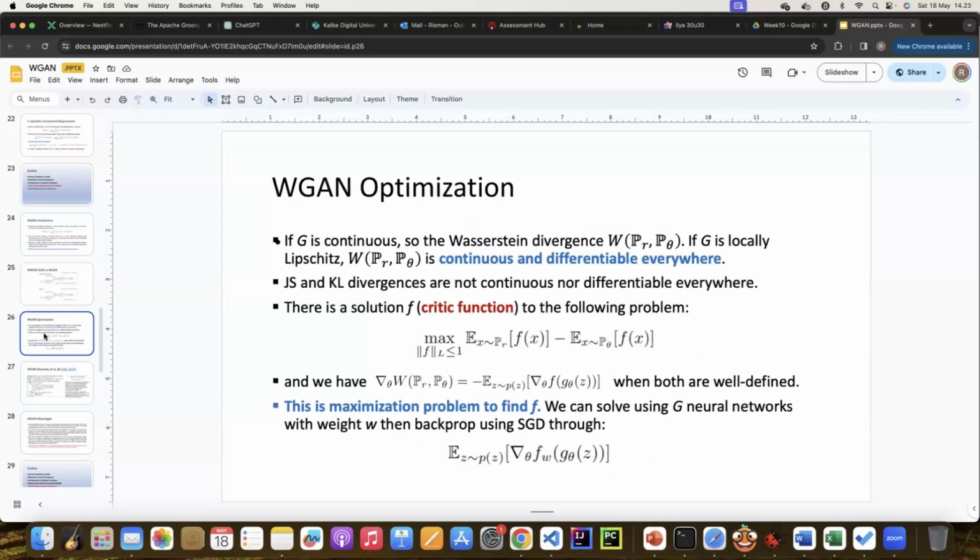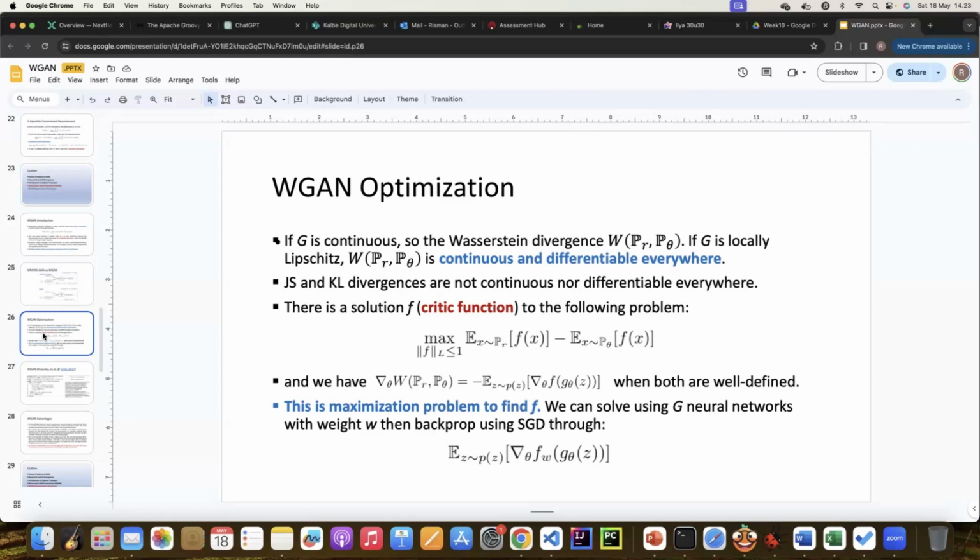And it has good results because it uses a better objective function. Critic function here is sometimes called discriminator, but if you use WGAN, usually you say critic function, not discriminator.